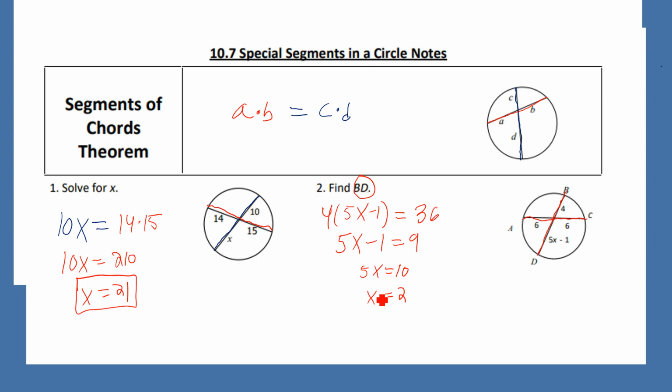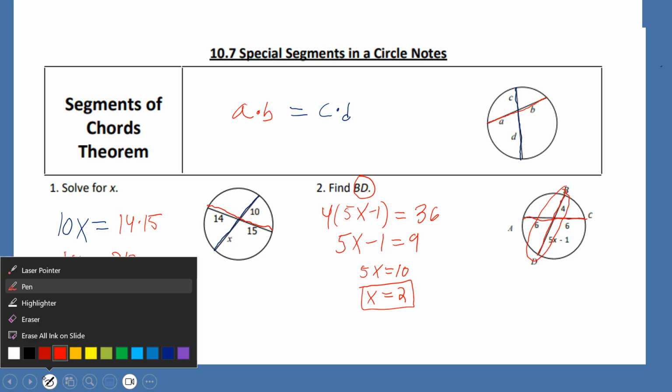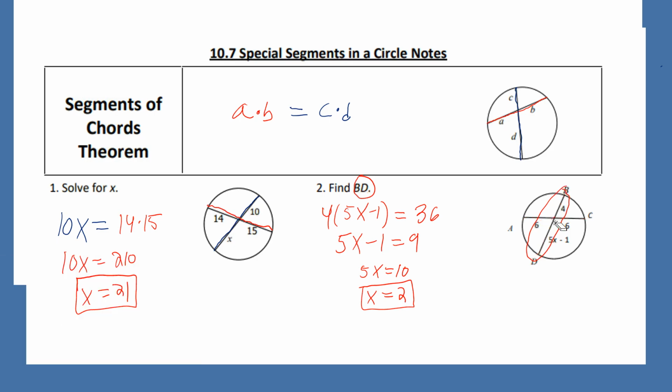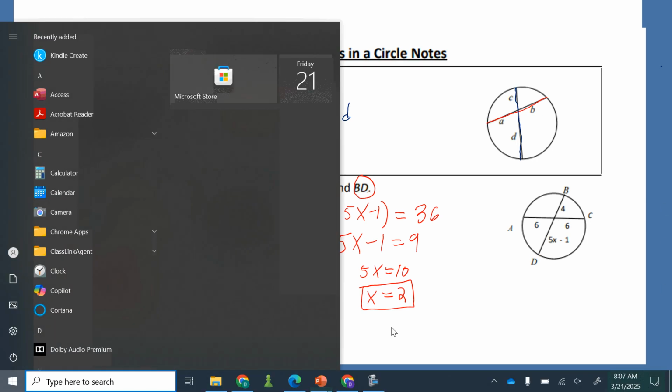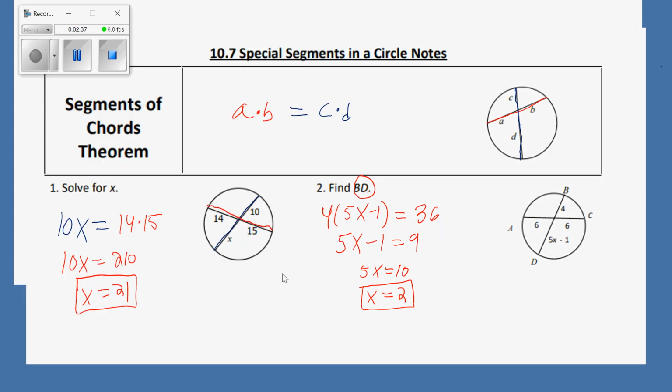Note, though, it actually asked you to find BD. So we found x, but it wants BD, which is this whole length right here. Now that we have x, we can go find this part by plugging in 2 for x.